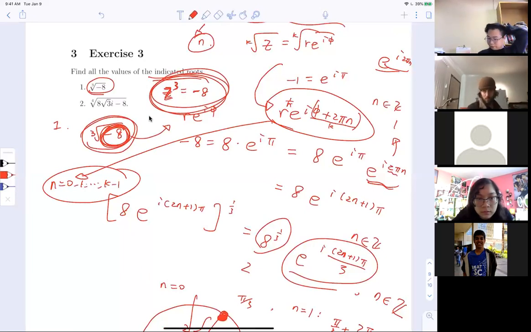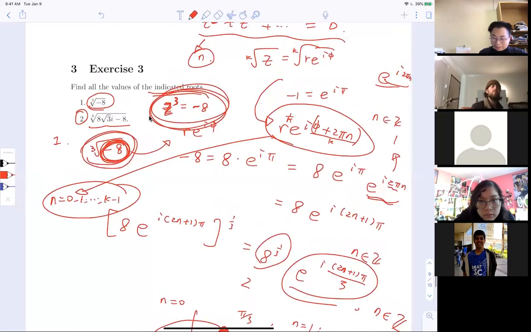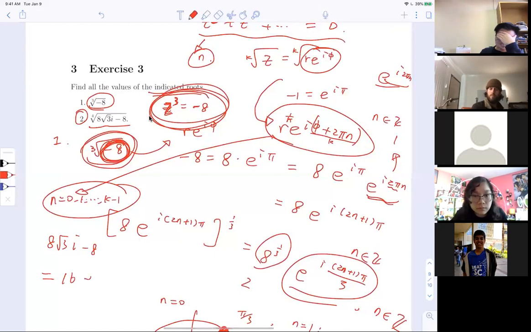And for the second one, it looks very complicated, but the idea is the same. You write this 2 square root 3i minus 8 in polar form, which I think is something like this.